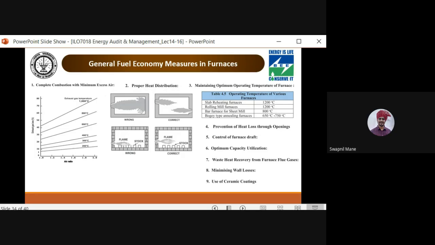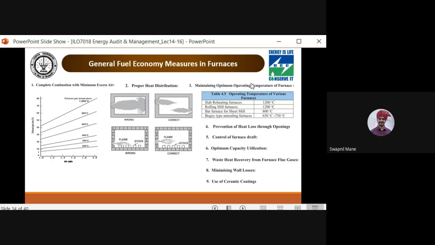Then there is radiation heat loss from the opening, and cooling media heat loss, where the medium is cooling water or air, so adequate flow of cooling media is essential, because the furnace may not be insulated from the outside. Then material handling losses: if the material is to be carried to another process and the distance is large, we have to increase the temperature of the billet so that when it reaches the other process, it does not lose its heat. Otherwise, the material structure will change.